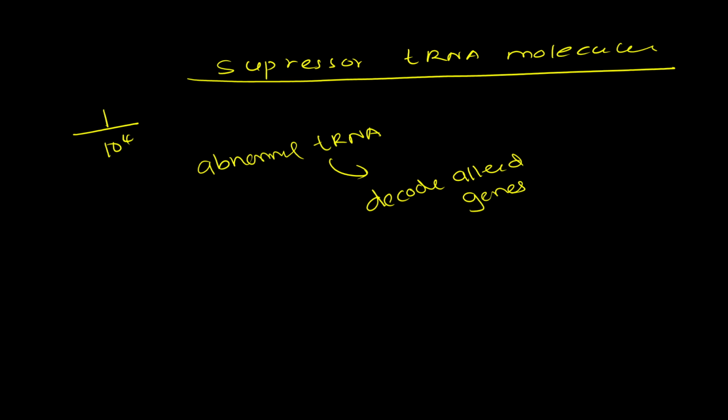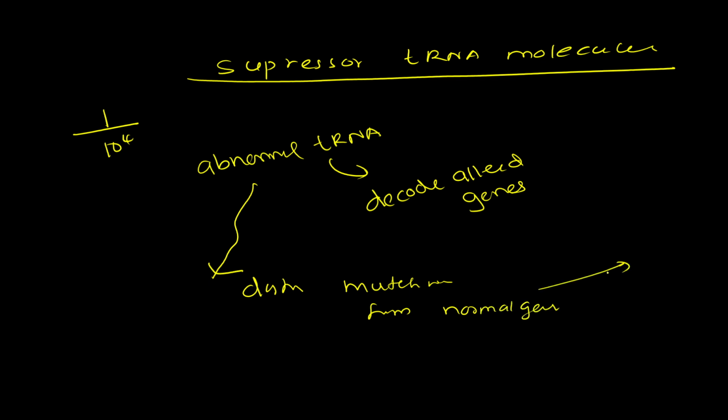But the problem associated with them is that these abnormal tRNA cannot distinguish mutations from normal genes. Therefore, they will carry out mutations for the normal genes as well, in a very awkward fashion. So the normal genes will be manifested as mutations.